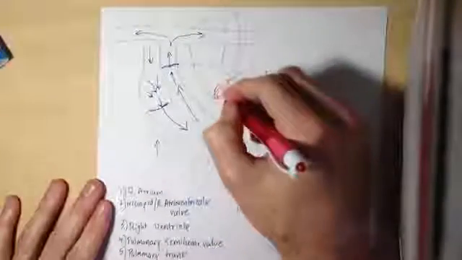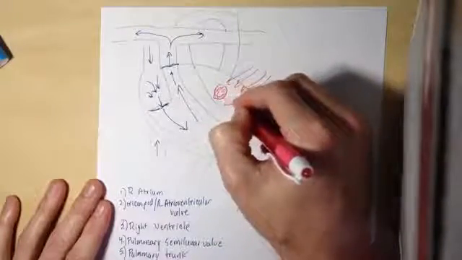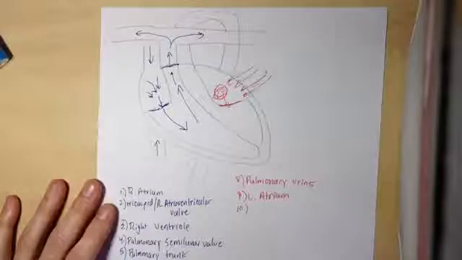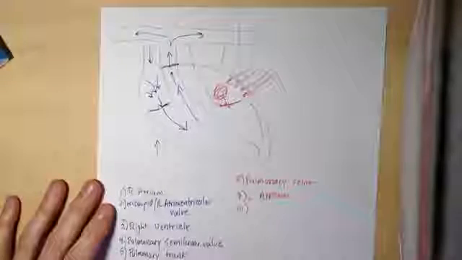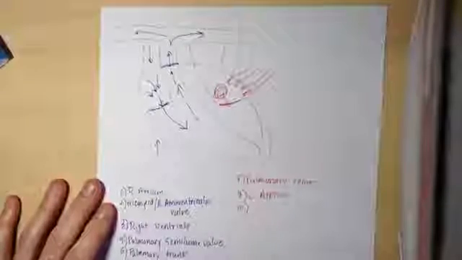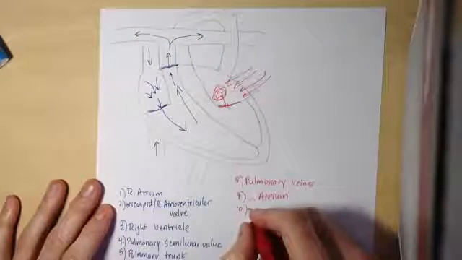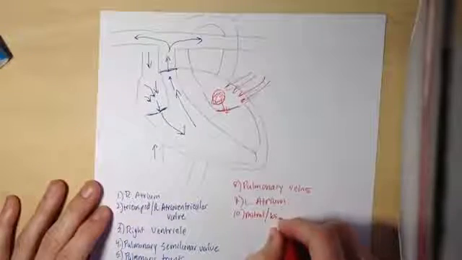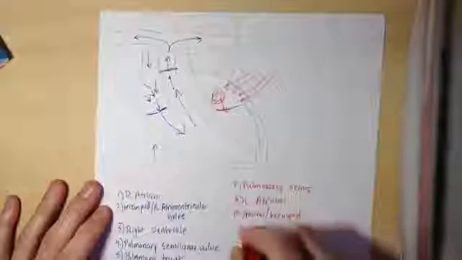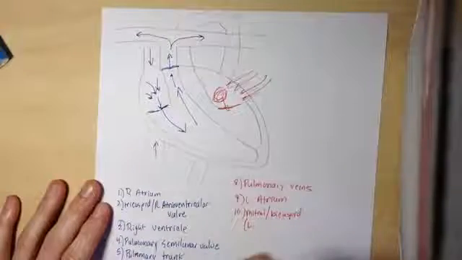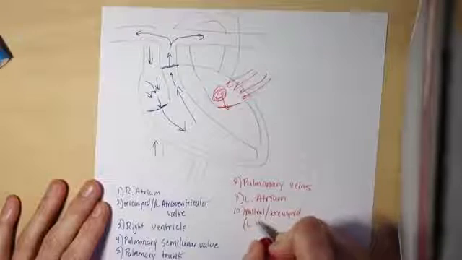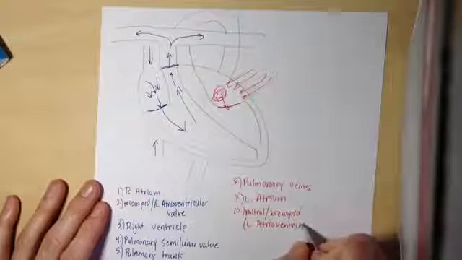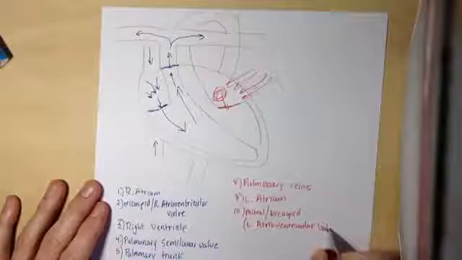Number 10, from the left atrium, it's got to go through another valve. And this particular valve has a lot of names. You can call it the mitral valve, the bicuspid valve, or the left atrioventricular valve. So we're going to write down mitral, bicuspid, or again, the one I prefer is left atrioventricular valve.